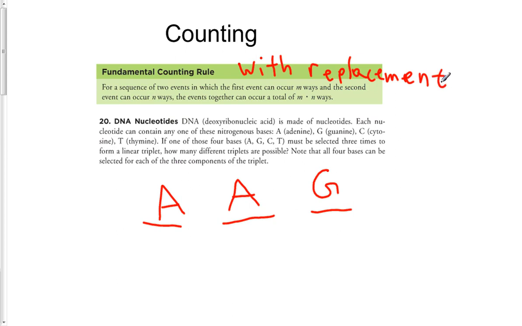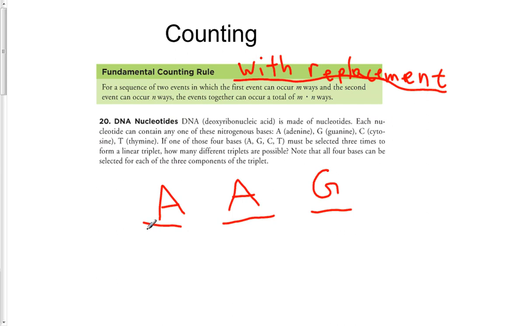Those formulas are explicitly for selections without replacement. But this is the principle that can handle selections made with replacement. It's more versatile than the others. This one can also be used if there's no replacement, but it's the only one that we're going to introduce that can be used when the selections are made with replacement.